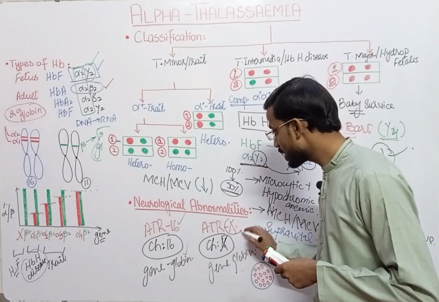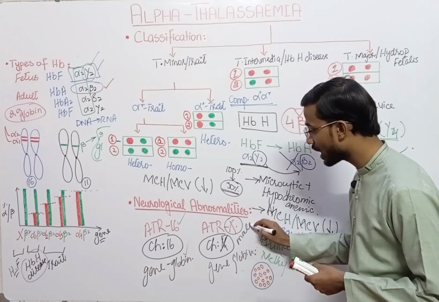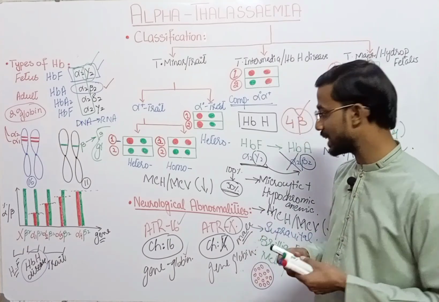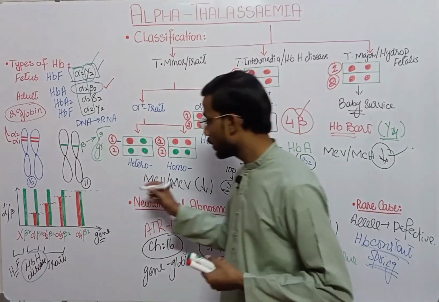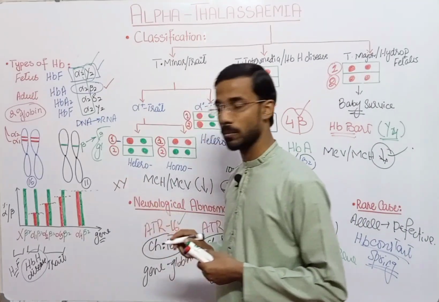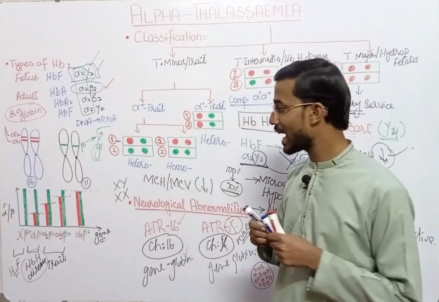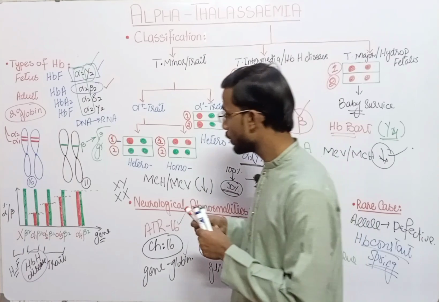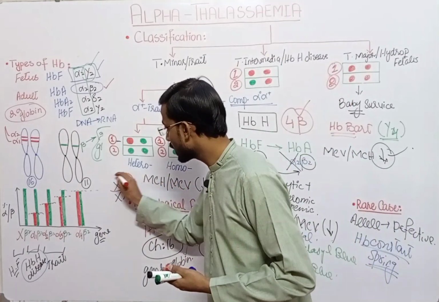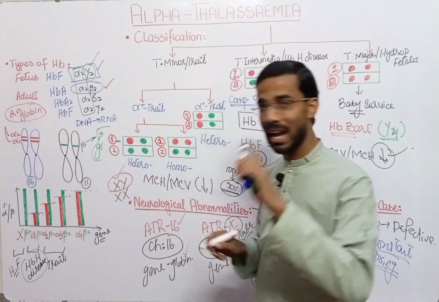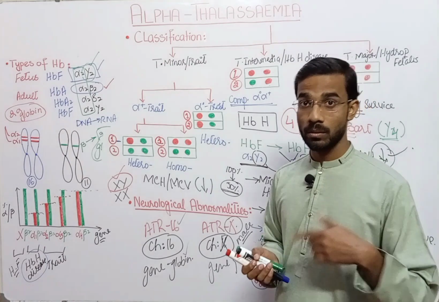And this is X-linked. In this case, only males are affected by ATR-X disease, because males have XY chromosomes and females have XX chromosomes. In that situation, X is dominant. In the case of a male, there is only one X chromosome and it will be expressed properly.